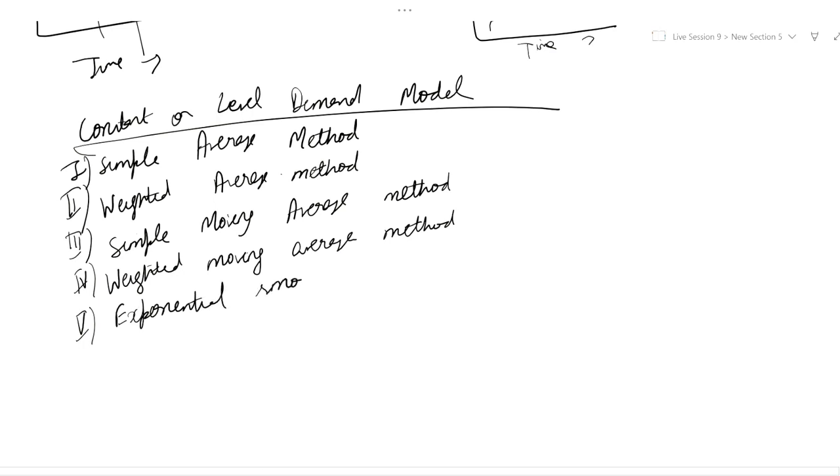And the exponential smoothing method is one of the most important methods of forecasting.